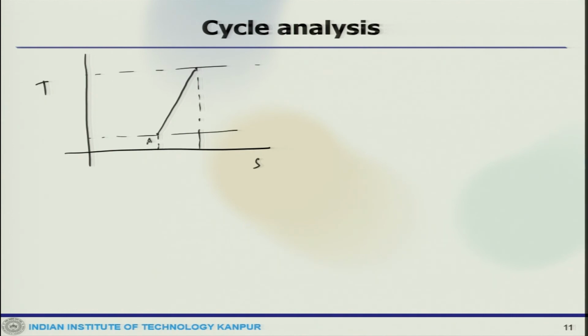So, that is point A, that is point, let us say, B, and so this is B, and this is 0A. So, this is 0BS.